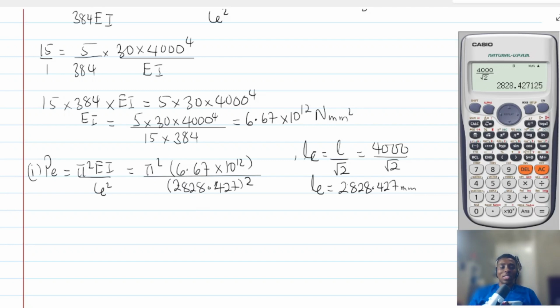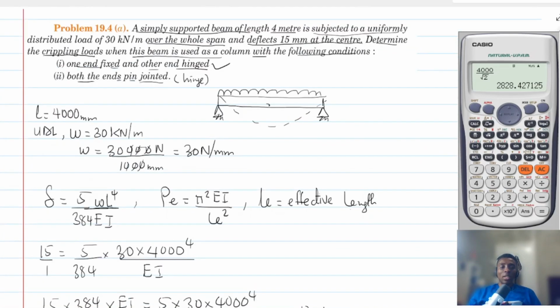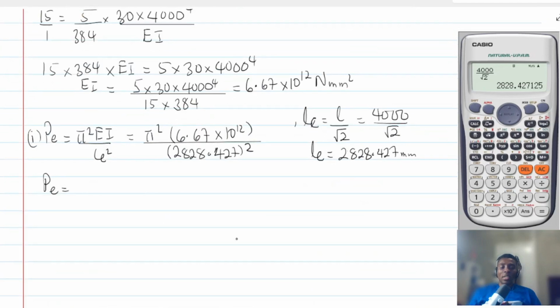Squared. So if it is fixed at one end and hinged at the other end, the Euler load is given by pi squared multiplied by 6.67 times 10 to the power 12, divided by 2828.427 squared.